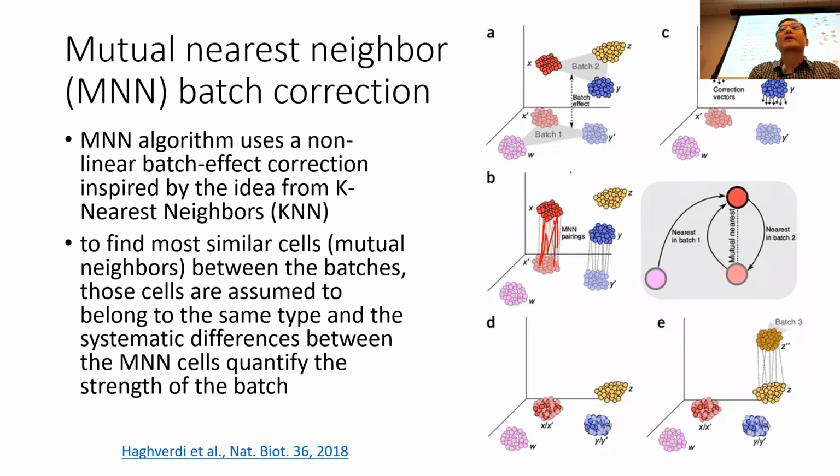In this example, in panel B, they found that those cells are nearest neighbors, and those blue cells across batches are nearest neighbors of the blue cells. Once you have those relationships, you can start to merge the cells.